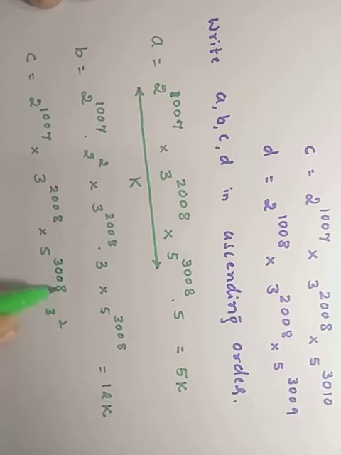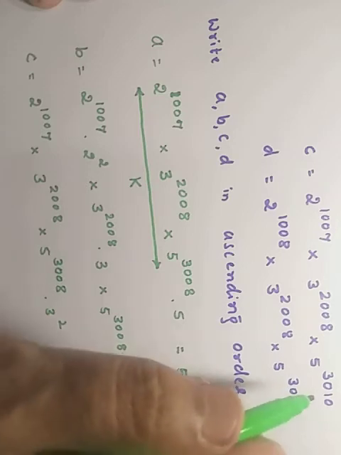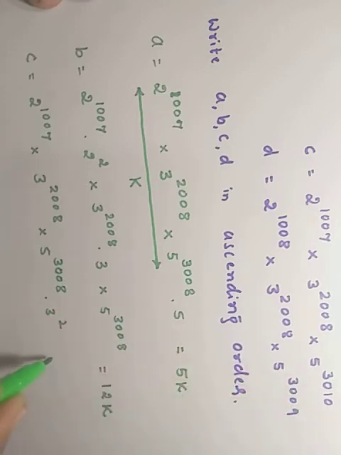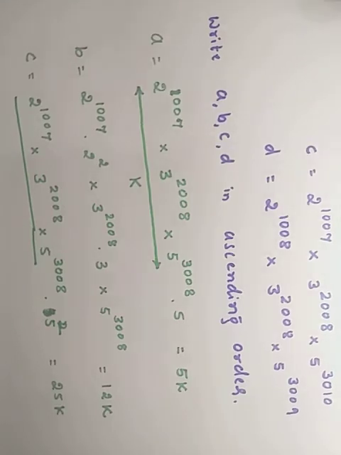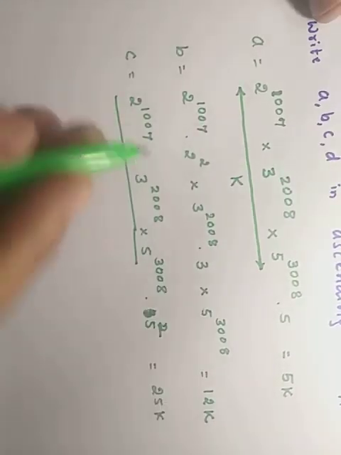This 2 and this 8 becomes 10, that is 3010. That is equal to, this is the meaning, that is K, and this is 5 square. 5 square means 25 and K, because this value is nothing but K.